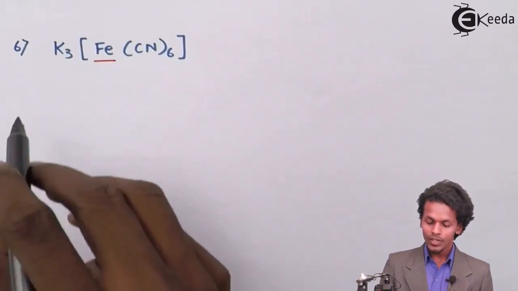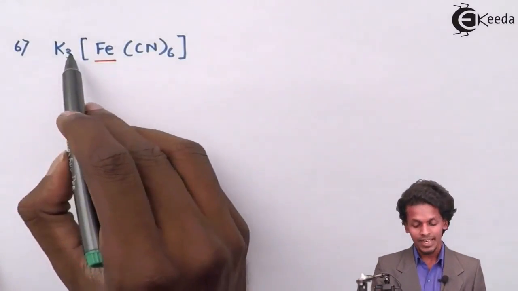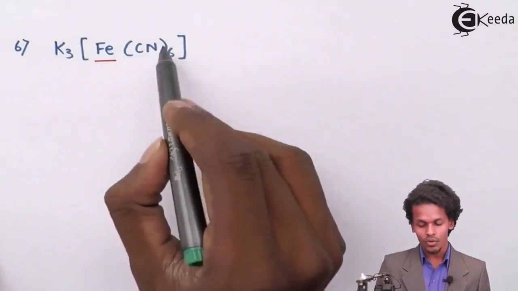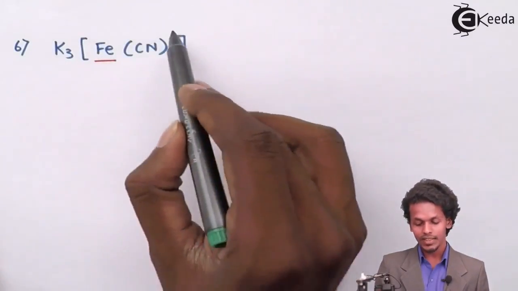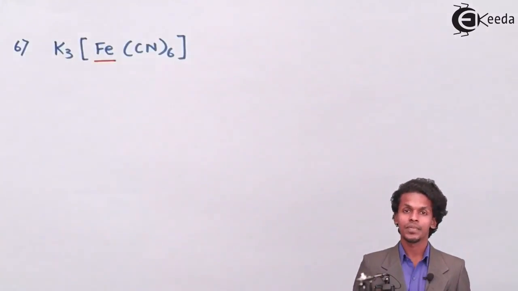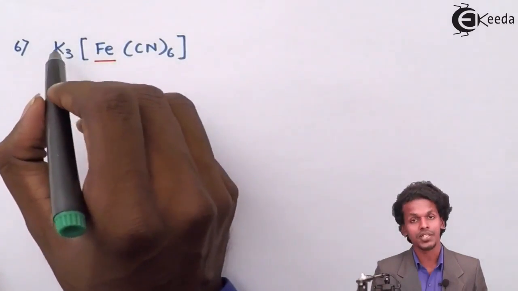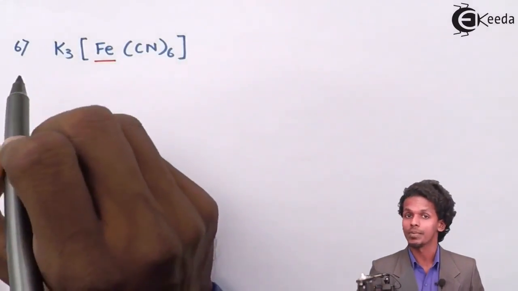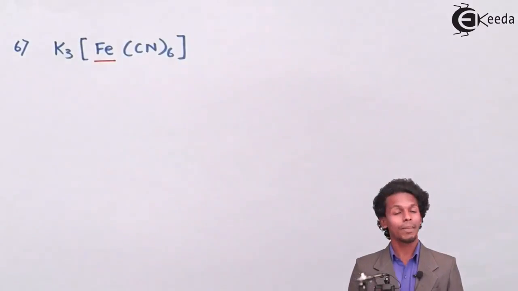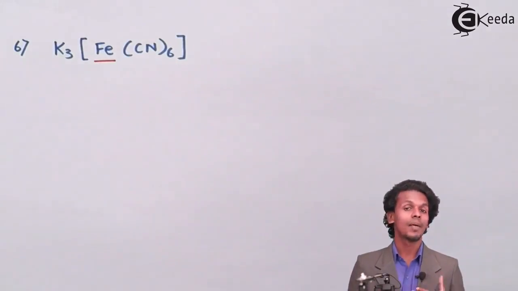We know that the oxidation number of potassium is +1, but it is not present in the complex molecule. That is, it is not present in this region, in this complex molecule. So what we are going to do is calculate the oxidation number of 3 potassium. 1 potassium has a value of +1. So therefore 3 potassium will overall have an oxidation number of +3.